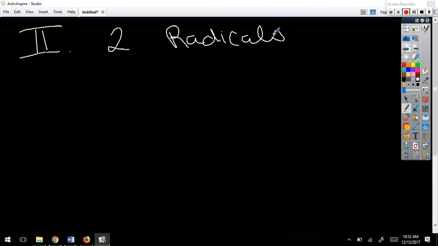Two radicals. If you see two radicals, you need to get one on either side of the equal sign. Get them separated.